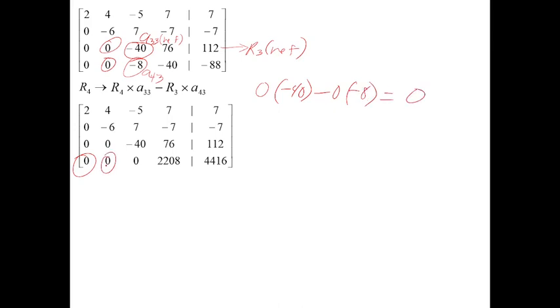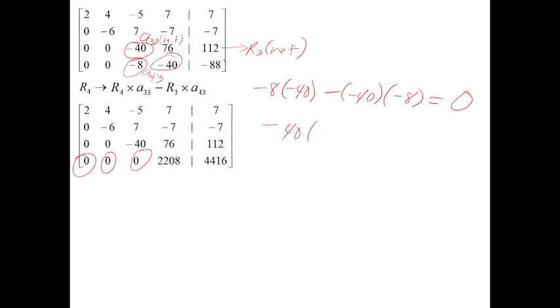Ayun. Kaya nakuha yun. Next. Negative 8 times negative 40 minus negative 40 times negative 8. Pakikalky nga. Ay, kahit hindi na pala. 0. Kaya nakuha yung 0.